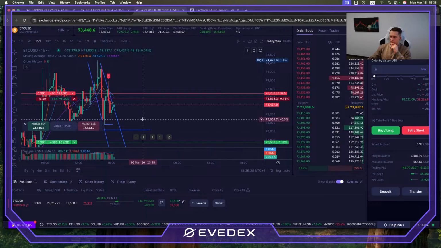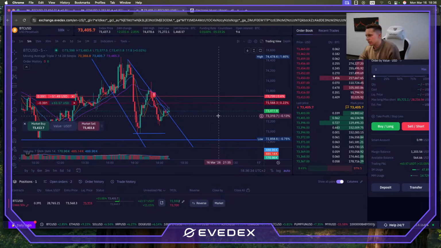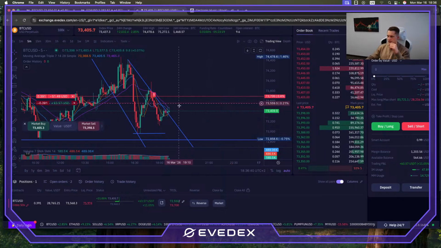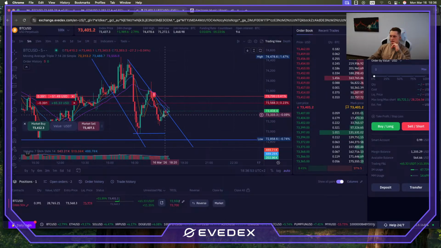What we'd currently expect is that continuation after this candle has formed. Let's have a look if we have some kind of indication of when that candle will fully form. But as you see, the price hasn't moved up too much, but here it moved up quite significantly. But then here it hasn't got that move.